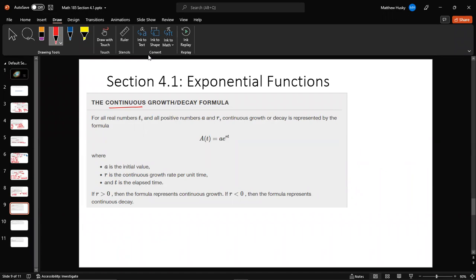If you're wondering where something would decay, that would be something like radioactivity. Something like carbon-14, for instance.